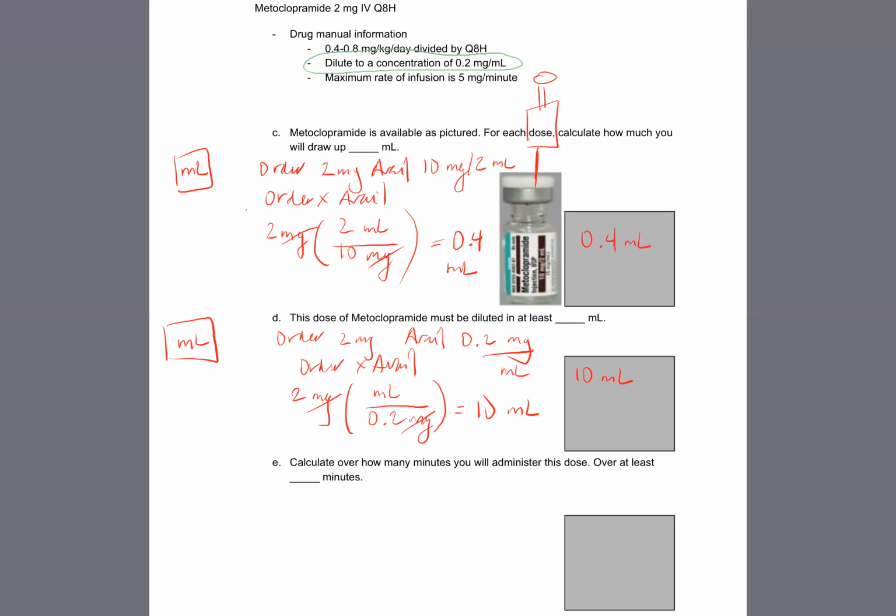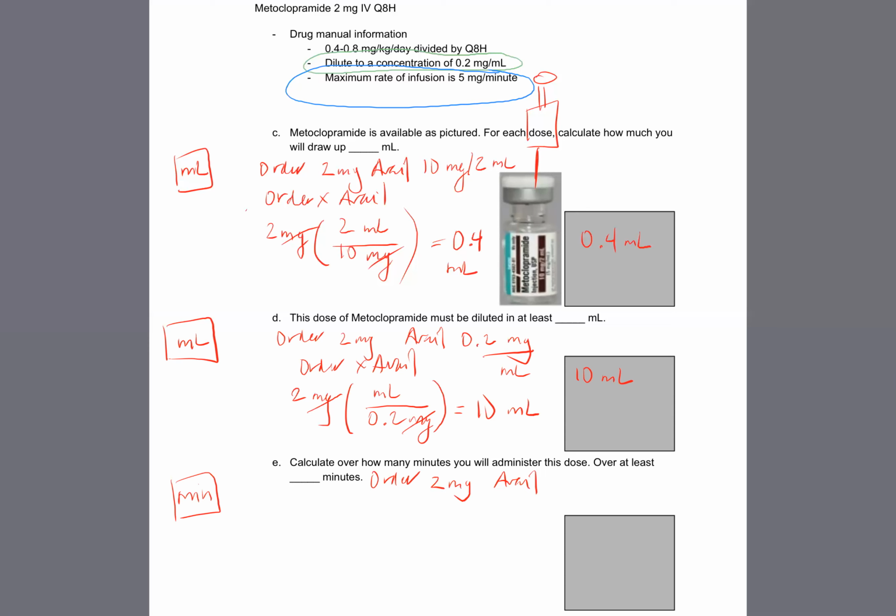And last question, part E, calculate over how many minutes you will administer this dose. So we're going to go ahead and look at the maximum rate of infusion, which is 5 milligrams per minute. So you want the answer in minutes. The order is 2 milligrams.